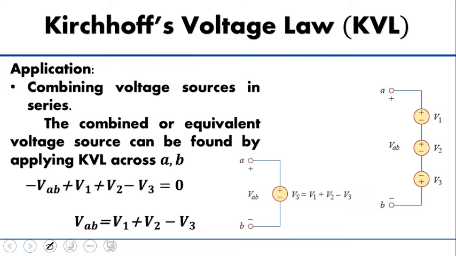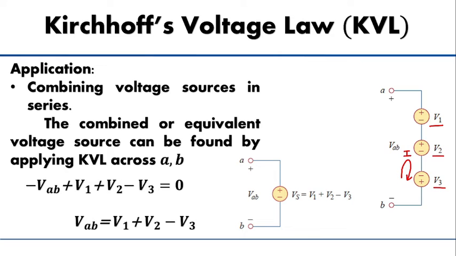In the circuit given, we have the voltages V1, V2 and V3, and in order to combine these three series connected voltage sources, we are going to use Kirchhoff's voltage law. According to Kirchhoff's voltage law, the sum of the voltages around a closed path is equal to 0. Therefore, consider a closed path current I, direction given here.